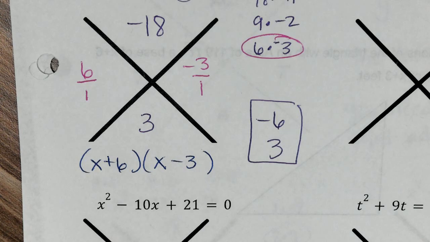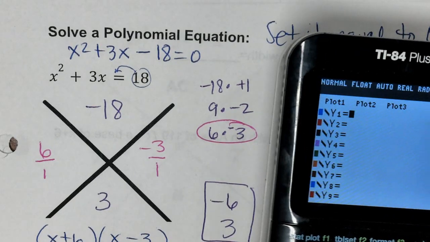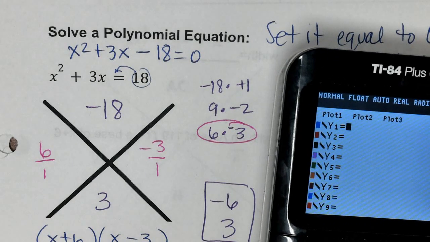Now we're going to learn how to do it in our calculator. Yes? All right, so to do it in your calculator, you're going to go to y equals. It has to be, are y'all listening? It has to be set equal to 0. Okay?